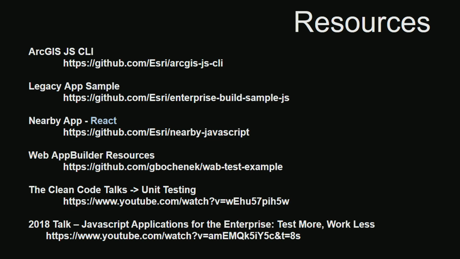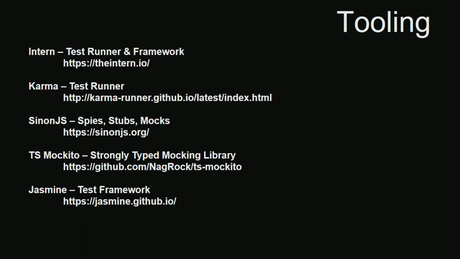Looks like one more phone. There we go. Here's the tooling slide. So both the CLI example and the React example that George showed were using Intern. The example that I showed with the existing app was using Karma, and Jasmine was the language that was used in that one.